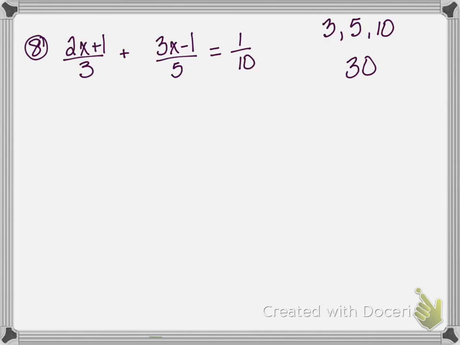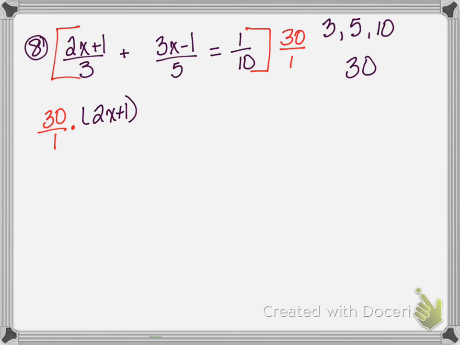So I am going to multiply everything times 30 over 1. Okay? So I have 30 over 1 times, and I'm going to go ahead and put the parentheses around the top, 2x plus 1 over 3.